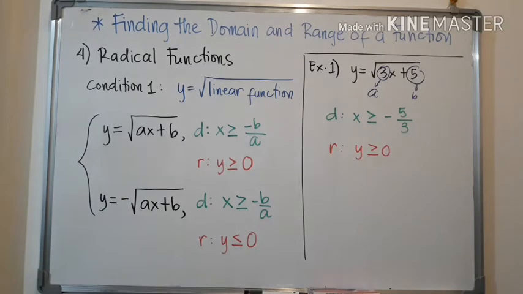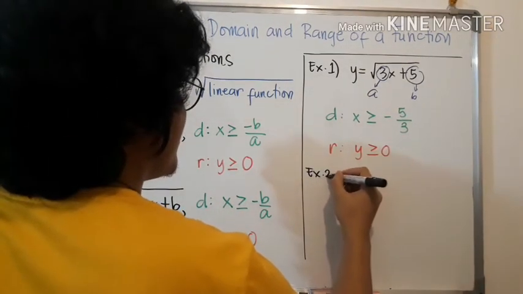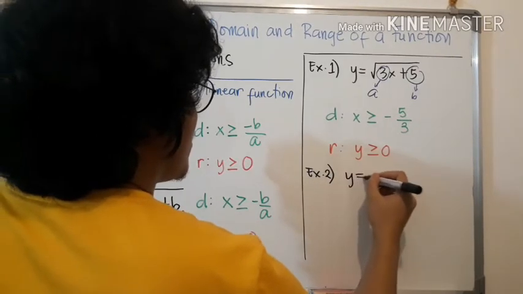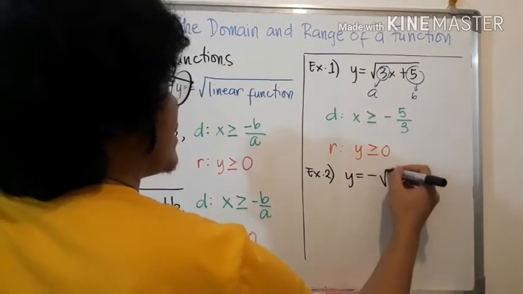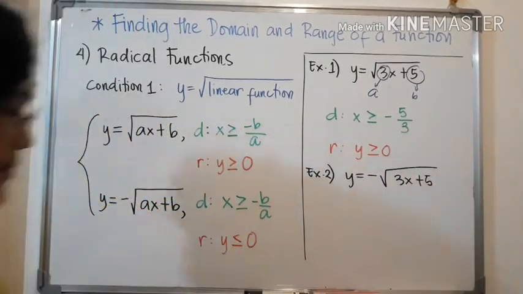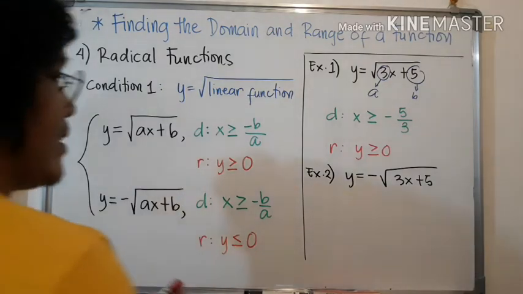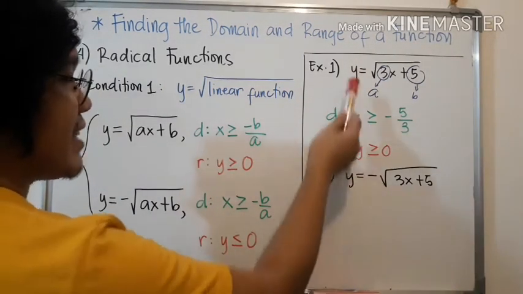How about example number 2? For example number 2, we have y is equal to negative the square root of 3x plus 5. They're almost the same except for the sign.